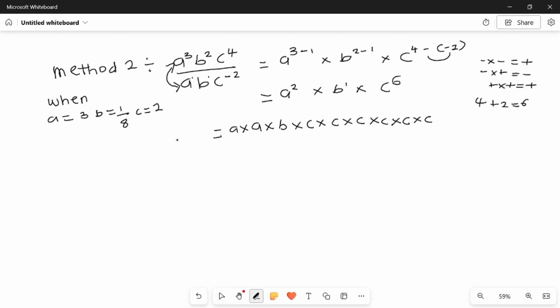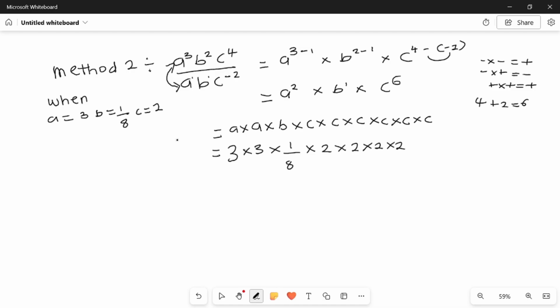So now we can put in our values for A, B, and C. For A, we're giving A as 3, B as 1/8, and C as 2. So it will now become 3 times 3, times B, that's 1/8, times C, that's 2 times 2 times 2 times 2.